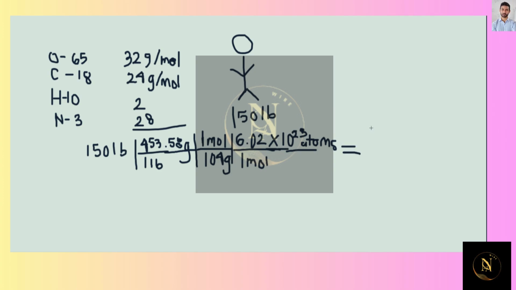If we do our full calculation, which means first multiplying 150 times 453.58 grams times 6.02 times 10 to the 23rd, and then dividing by 104 grams, we will end up with the number 3.94 times 10 to the 26th atoms.